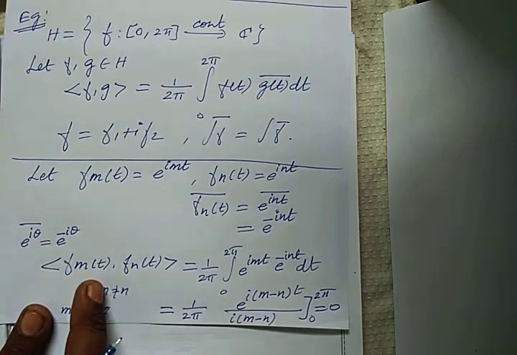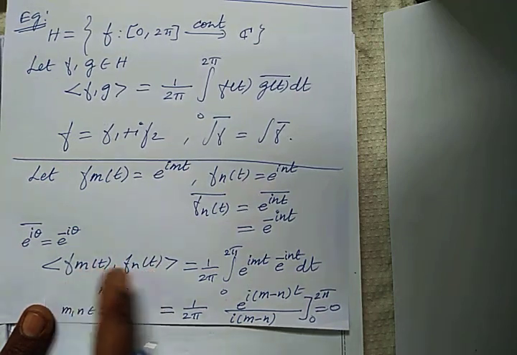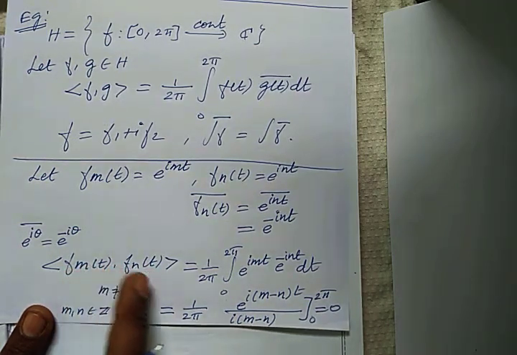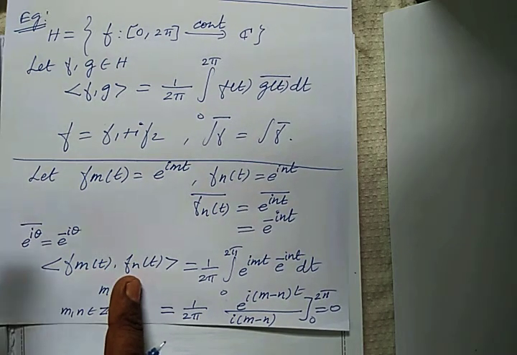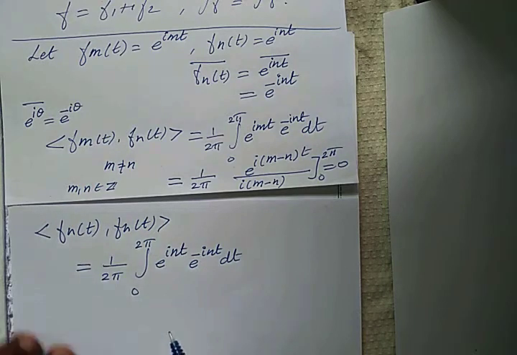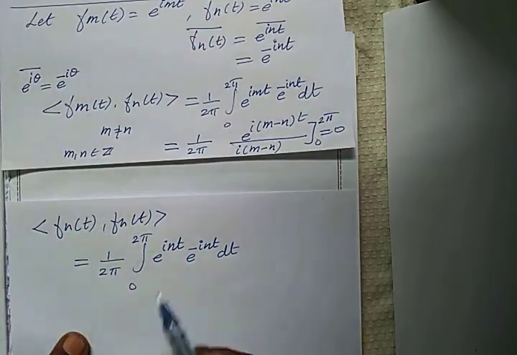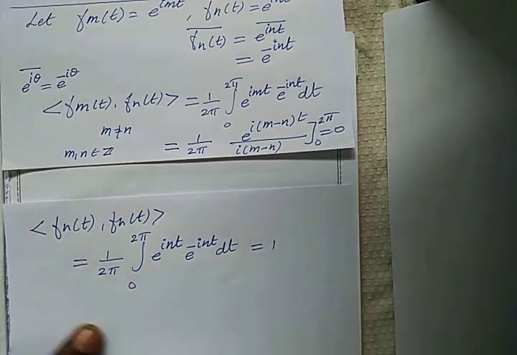So what we have got is these two are orthogonal. These two are perpendicular to each other. So what happens if both are same? If both are same, then these two get cancelled. We will get this is equal to 1.